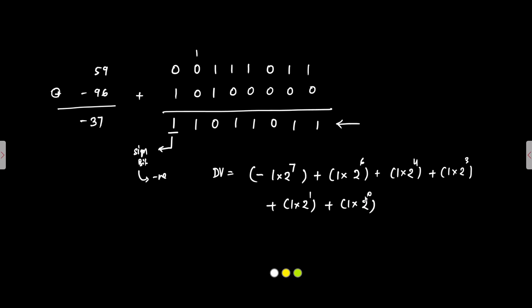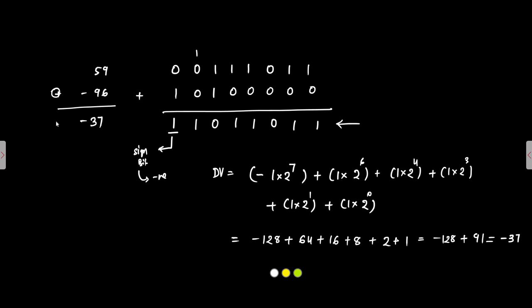So this is equal to minus 128 plus 64 plus 16 plus 8 plus 2 plus 1. 64 plus 16 is 80, plus 8 is 88, plus 2 is 90, plus 1 is 91. Minus 128 plus 91 is equal to minus 37.